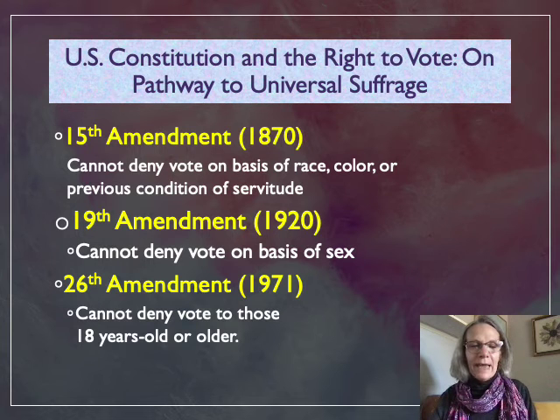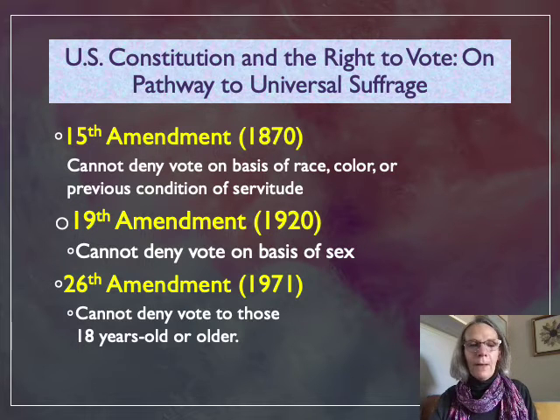You'll notice that date because it's around the Vietnam War, and in some states you had to be 21 to vote, but you were getting drafted to go fight in a war. And so we see those changes there. So these are the big amendments that expand suffrage, the right to vote in the United States.